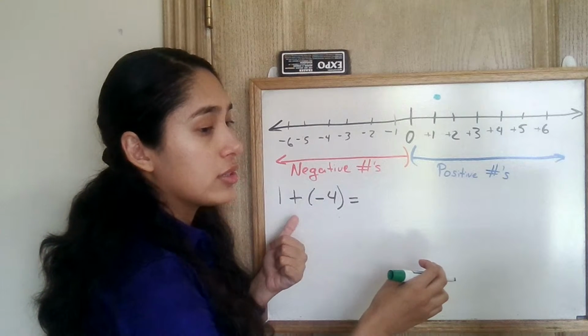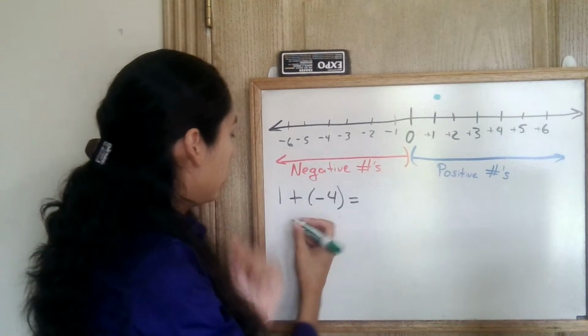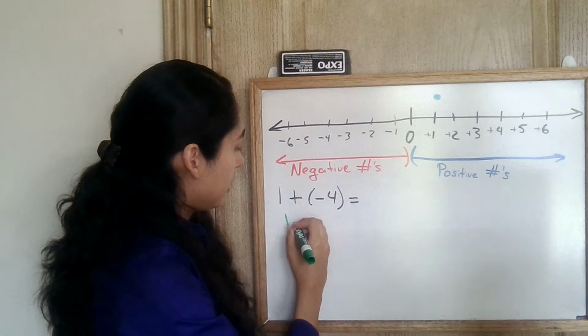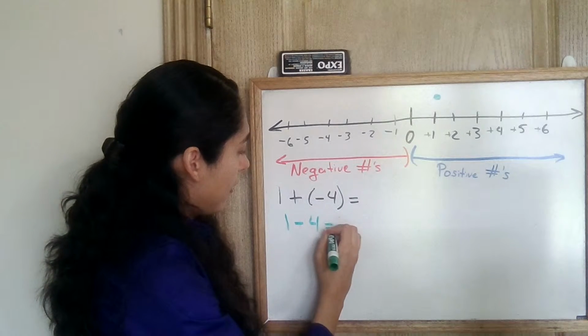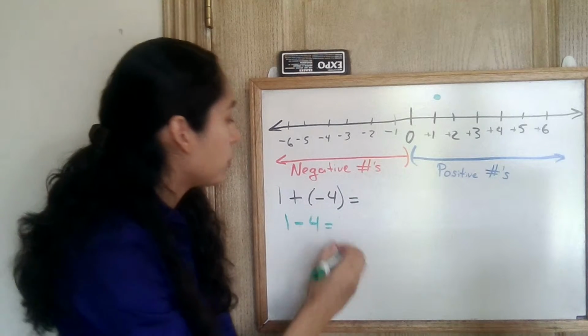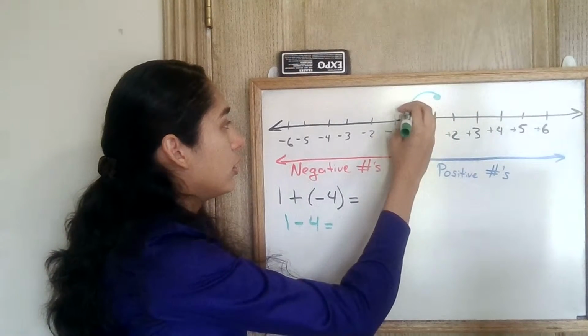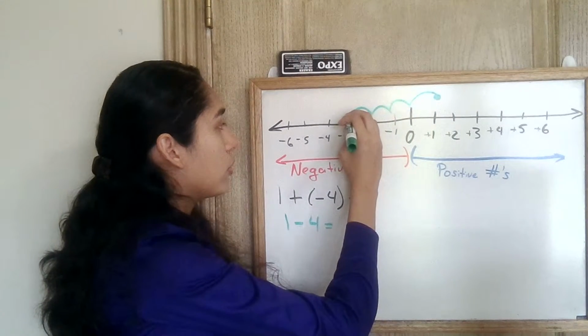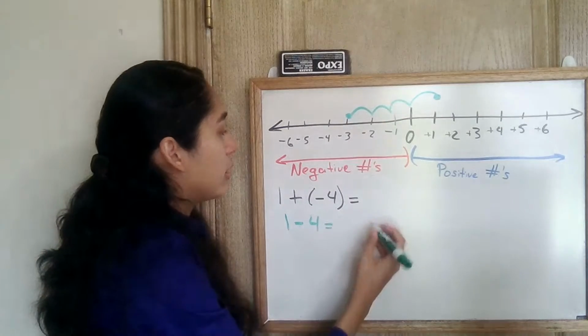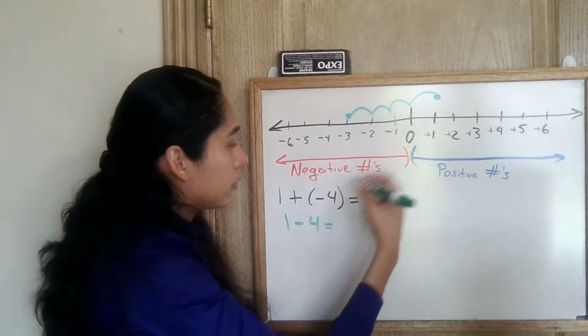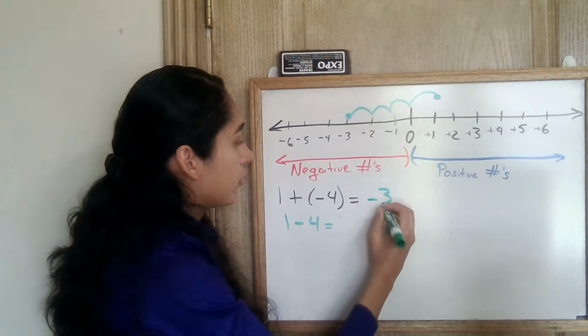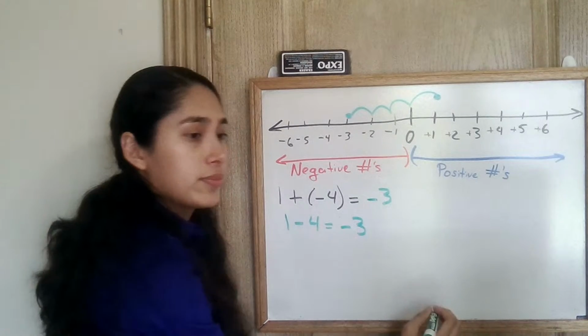So truly, we're going to subtract 4. This really means this. So we're going to move 4 places to the left. So we're going to go 1, 2, 3, 4. So this is where we end up. Our value is now going to be -3. Ta-da!